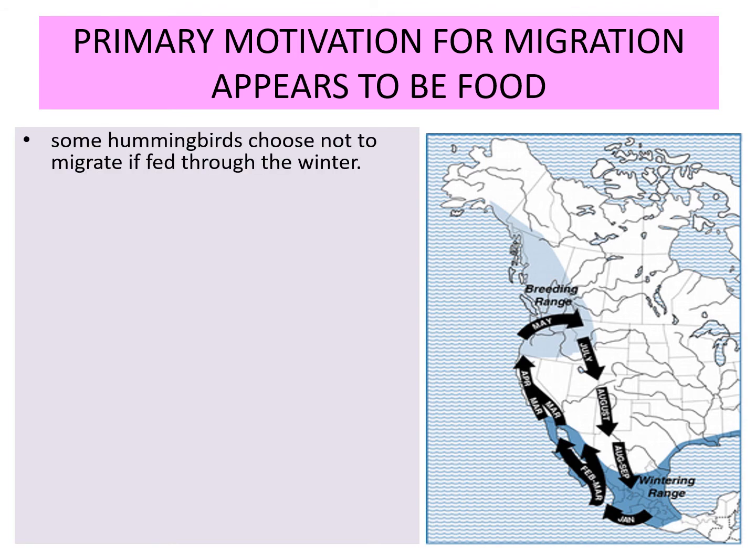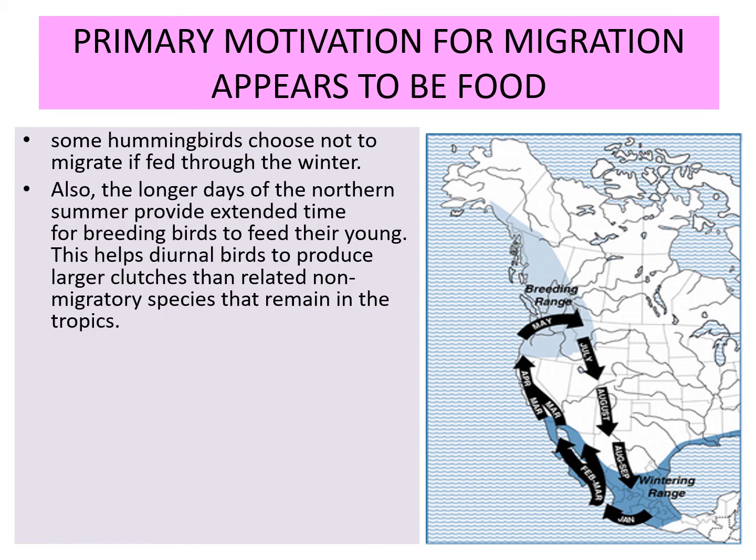The primary motivation for migration appears to be food. Some hummingbirds choose not to migrate if fed through the winter. Also, a longer day of the northern summer provides extended time for breeding birds to feed their young.